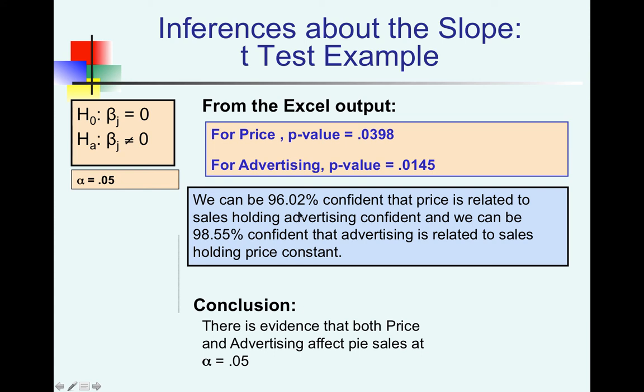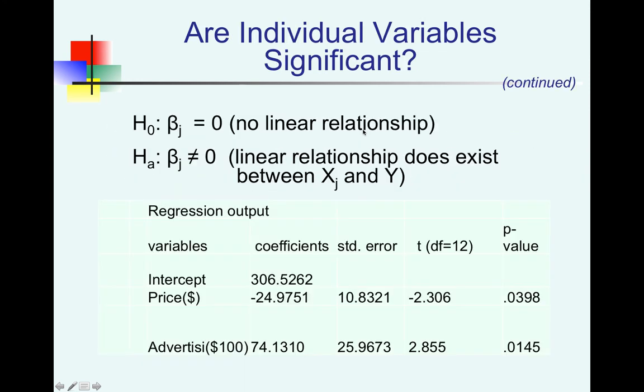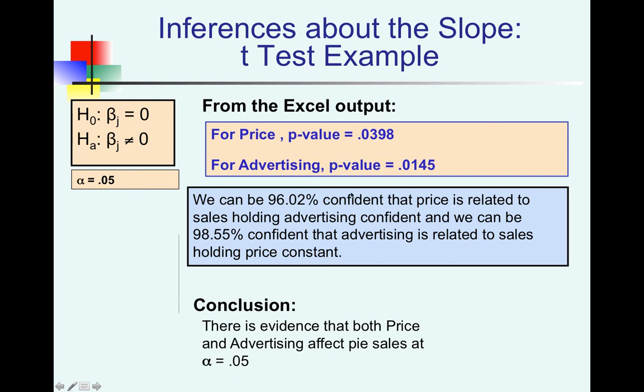So again, from our particular example, we got one of the p-values, I guess it was for price, is 0.0398, and the advertising one is 0.0145. And so we can say 1 minus this, 96.02% confident that price is related.